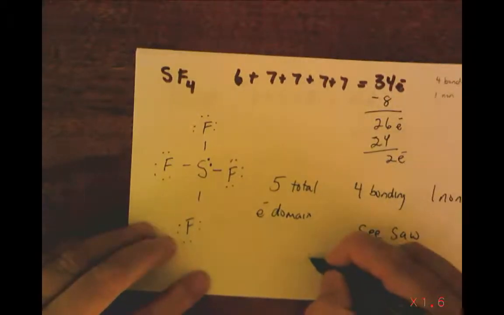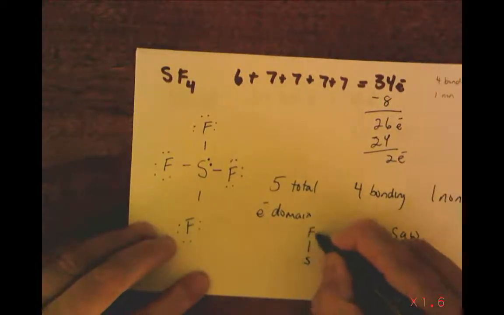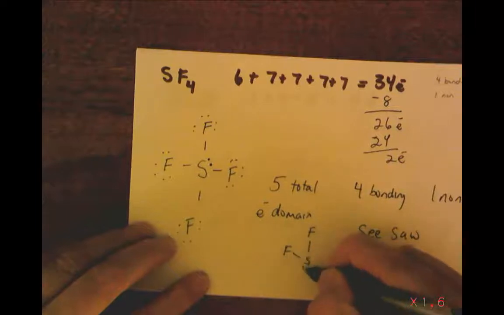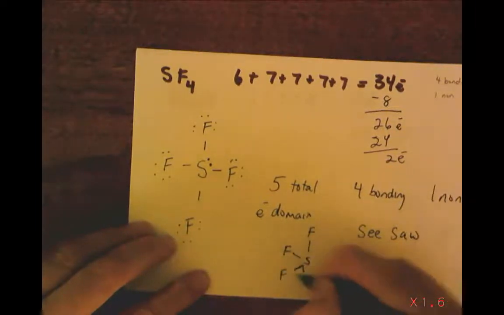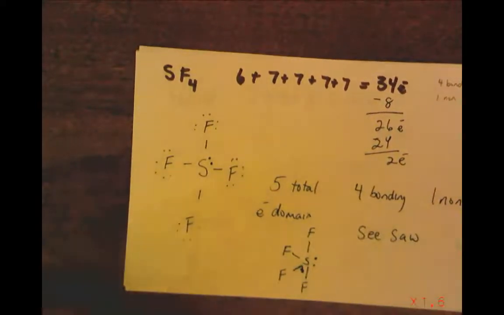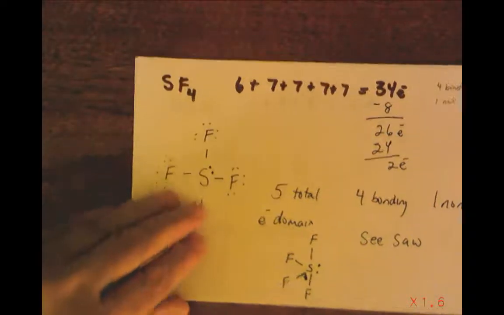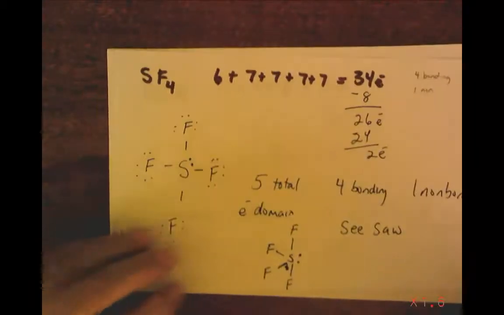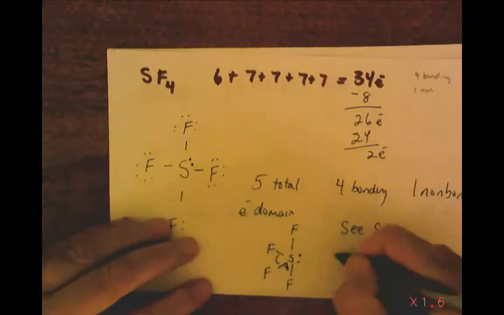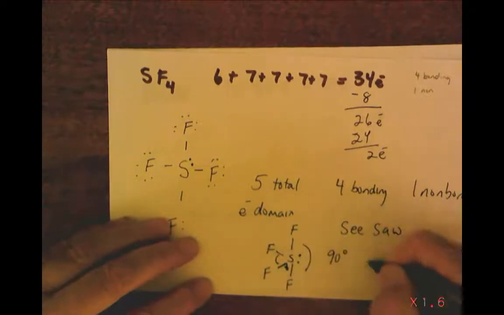So it really kind of looks something like this. F, F. If I could make this come out the side, F, and then our F down, and then our lone pair. Okay, and that's called a seesaw shape. All right, and so I believe the angles were 90 and 180.